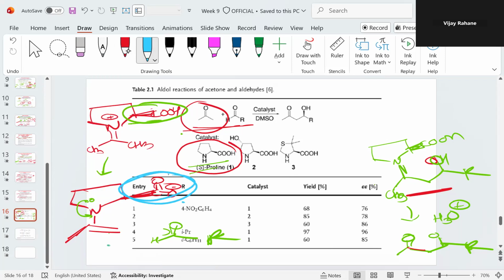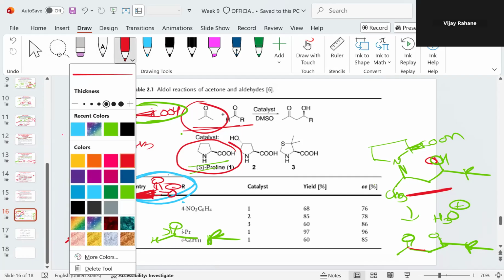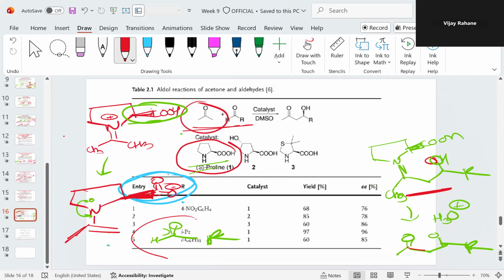This group is directing upward, right? That I have mentioned here. Since this group is directing upward, the incoming electrophile cannot attack from the upper side. It has to come from the bottom side. Therefore it attacks on this one, and we get selectivity in the hydroxy group formation.